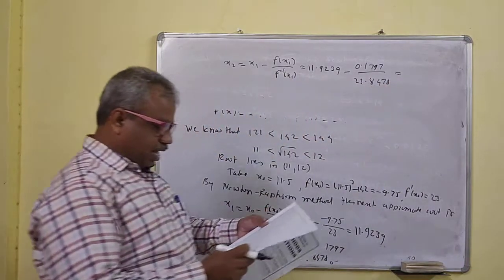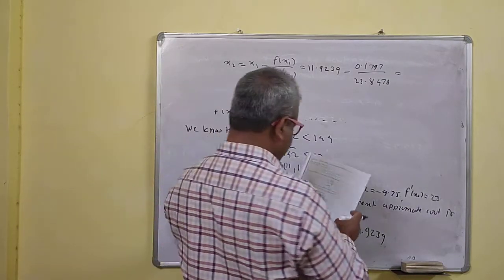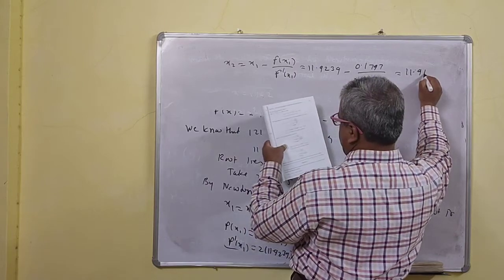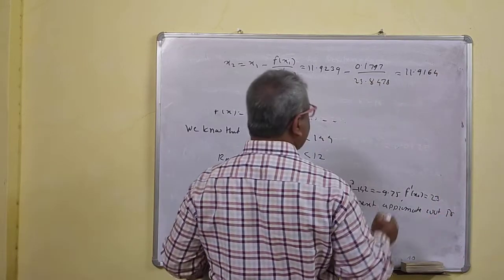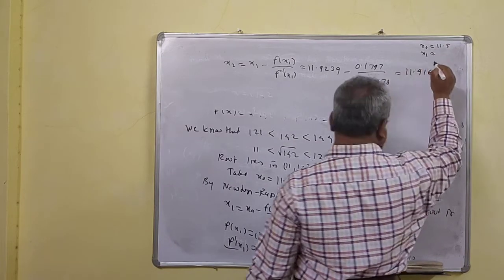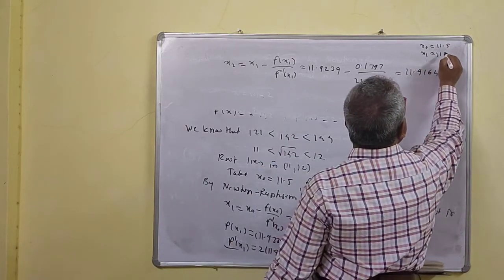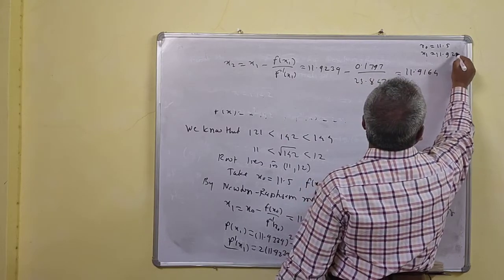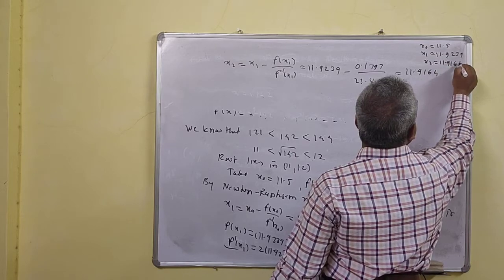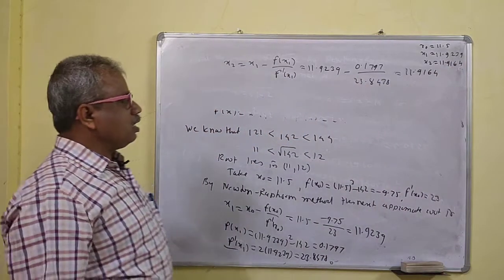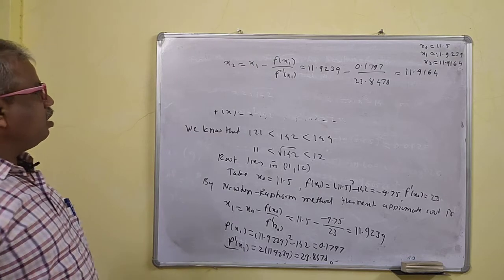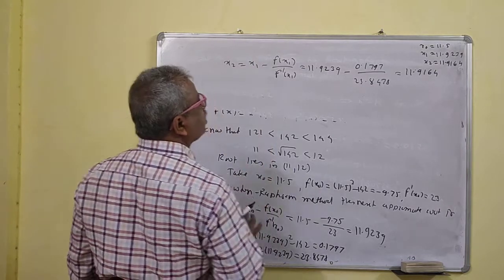You got this value as 11.9164. Okay. Now your x0 is 11.5, your x1 is 11.9239, and your x2 you got 11.9164. Again, this is equal only up to 1 decimal place. You need to find the next iteration now.